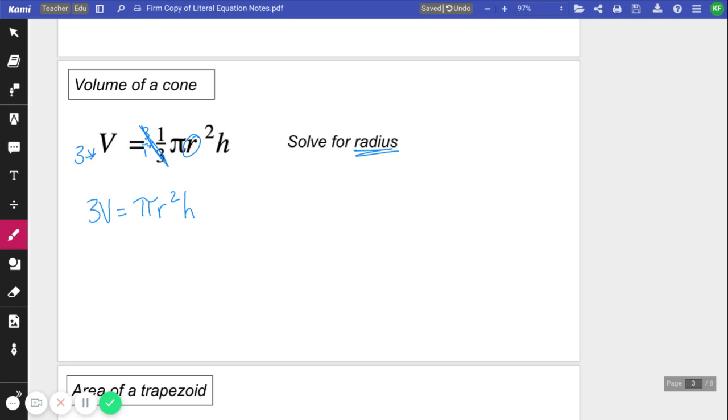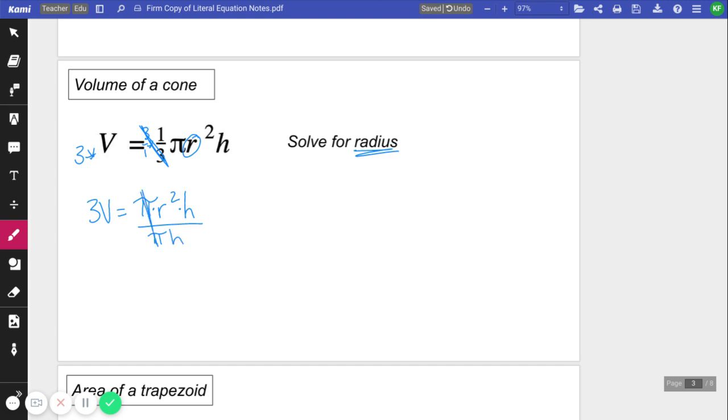The next two things I need to get rid of are the pi and the h. So just like that first example, since all of these are being multiplied together, and I don't need to do anything fancy with the pi, I just leave it as the pi symbol. We don't need to worry about, do I change it to 3.14? Nope, just leave it as the pi symbol. All we have to do is divide both sides by pi h.